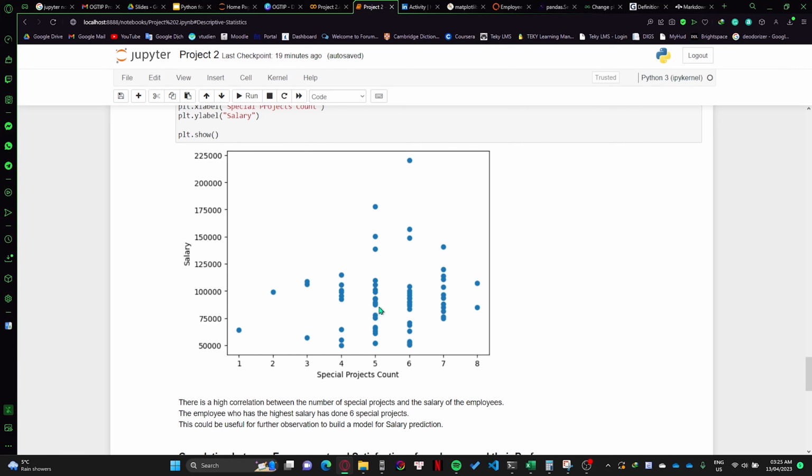The employee who has the highest salary has done 6 special projects right here. So this could be useful for further observation. We can build a model maybe for salary prediction. The number of special projects could be a very useful feature to predict the salary.